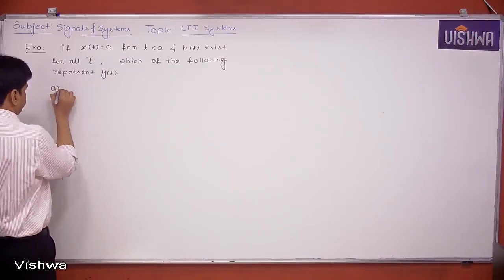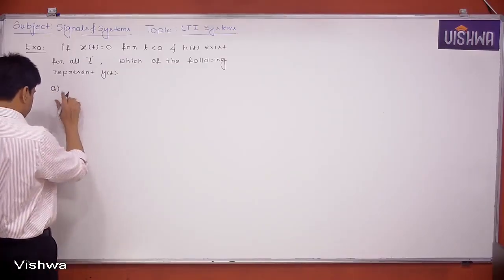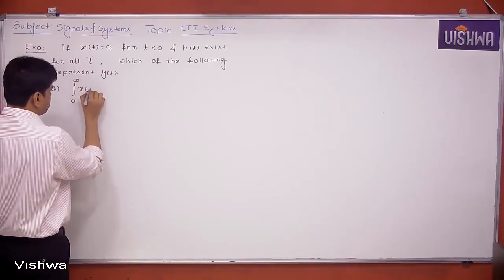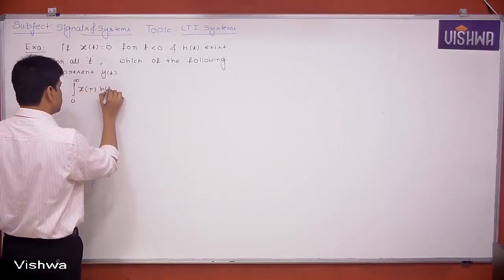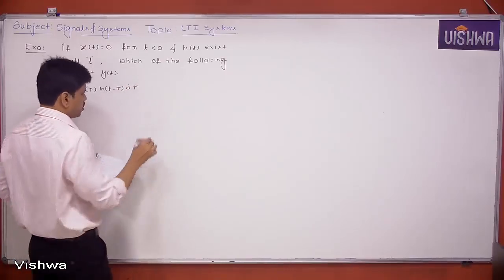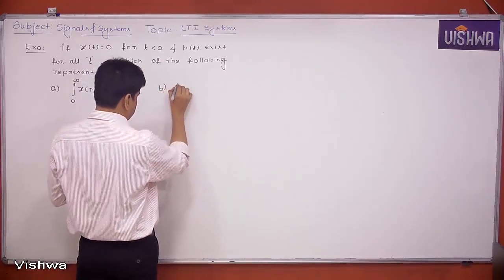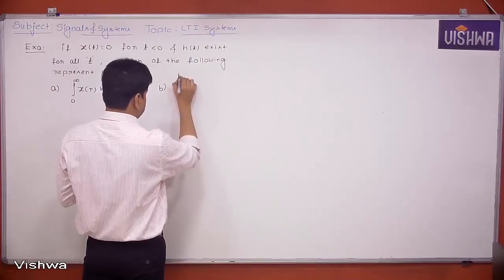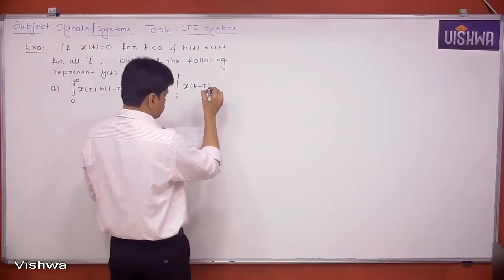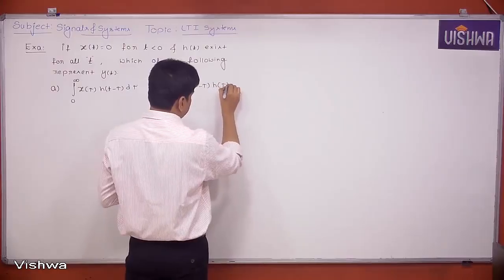Option A, integral 0 to infinity x of tau h of t minus tau d tau. Option B, integral 0 to t x of t minus tau h of tau d tau.